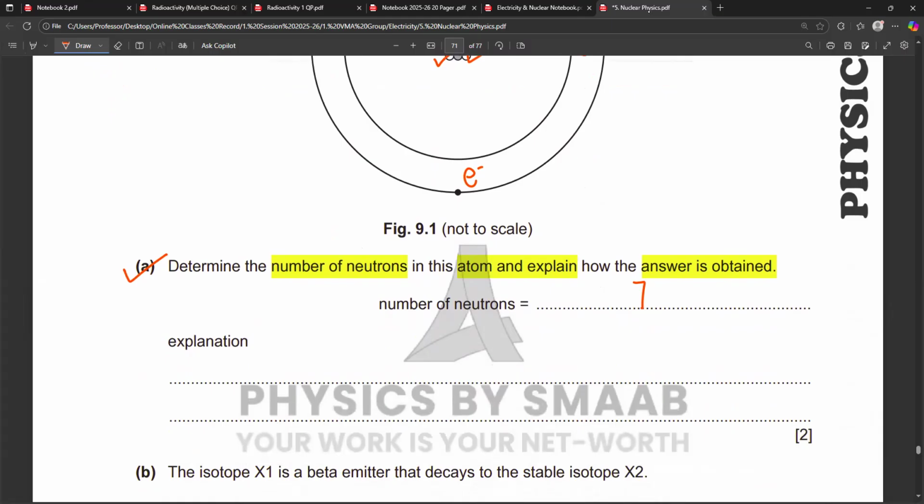And now we have to write the explanation also. The explanation is simple: the number of protons is equal to the number of electrons.